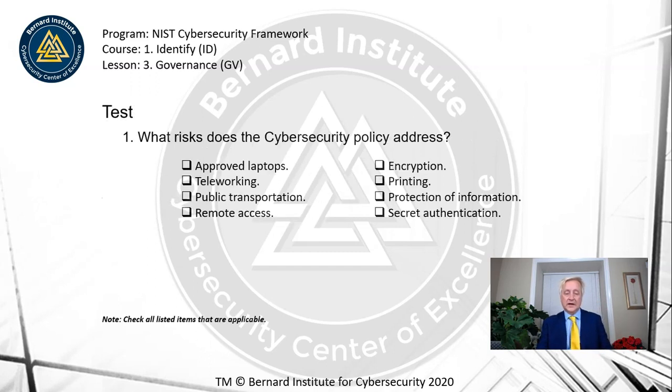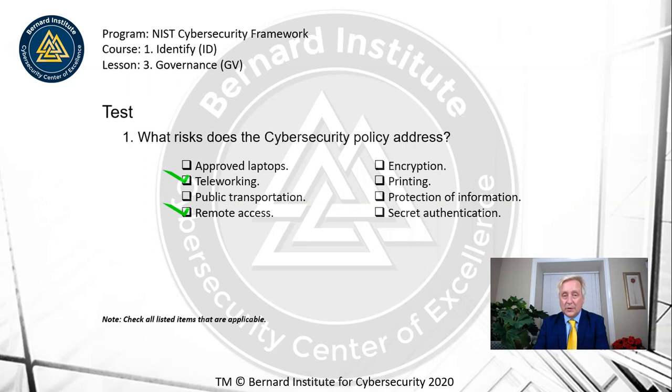Okay, what risks does the cybersecurity policy address? Laptops, teleworking, public transportation, remote access, encryption, printing, protection of information, or protection of secret authentication information. What do you say? If you say teleworking, that's correct.